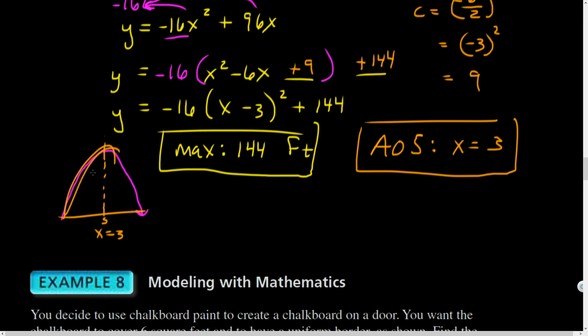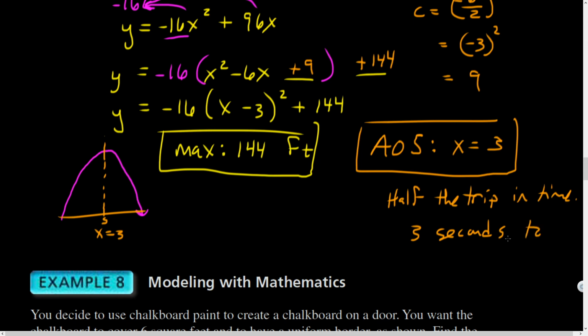It takes the same amount of time to go up as it takes to go down, oddly enough. And so it represents half the trip in time, right? So 3 seconds to reach the top. All right, I think I've got one last example.